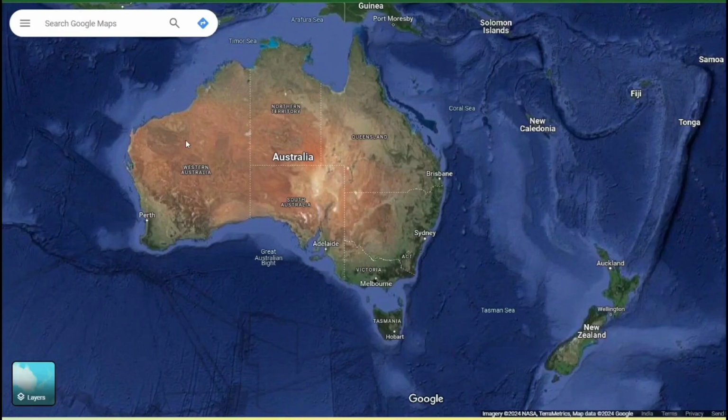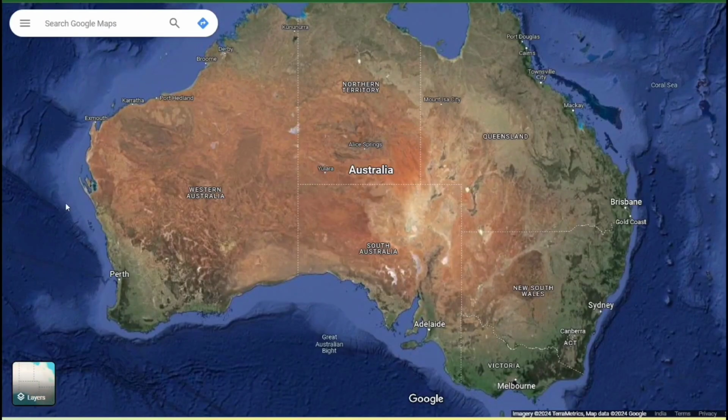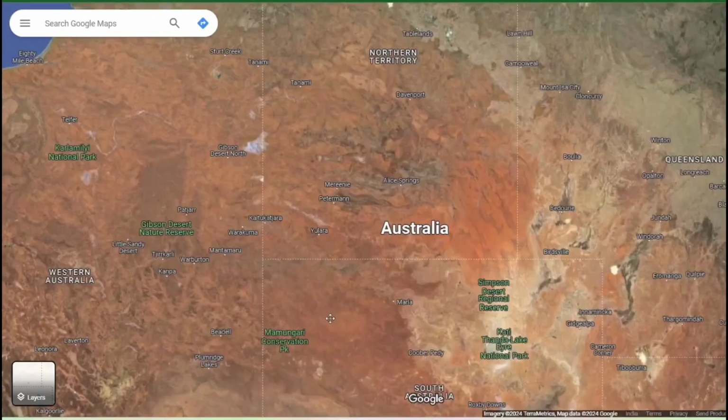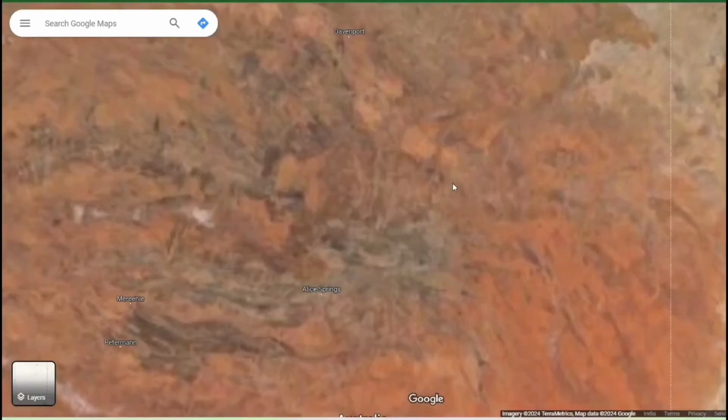See, this part of the continent is drier compared to this part. And I think less than 10% of the population lives in the interior. What is the interior? Interior is mining only. The main sector in the interior is mining.